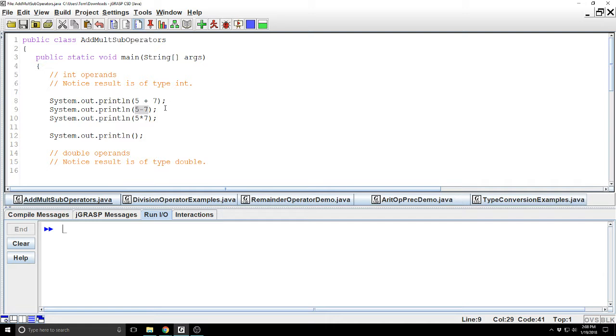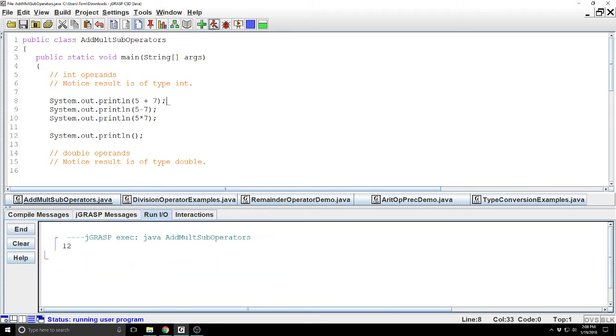Here you can see I've got three simple computations: 5 plus 7, 5 minus 7, 5 times 7. It's just going to perform those and display the results. And there you can see the results. 5 plus 7 comes out to be 12. 5 minus 7 is negative 2. 5 times 7 is 35.